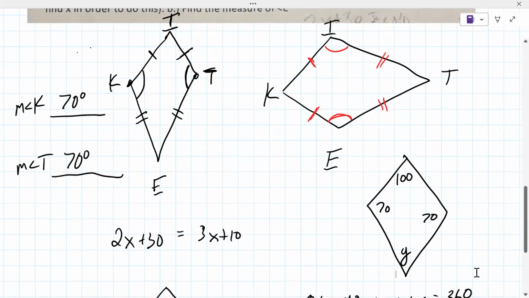You add up the four angles to equal 360. 120 would be the Y. Yes, Y is 120. Good.